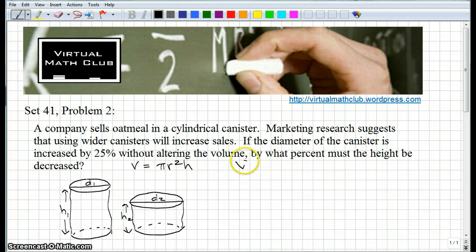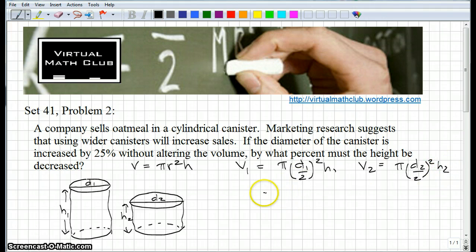So V1, the volume of the first cylindrical canister, would be given by pi times, now we're given D, but we need R, so that's D over 2. So D1 over 2, that whole quantity squared, times H1. And V2 is equal to pi times D2 over 2 squared times H2.